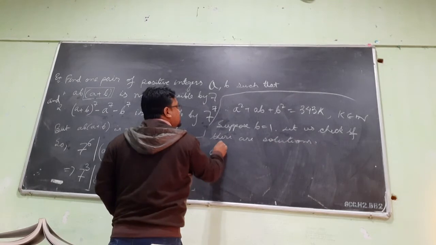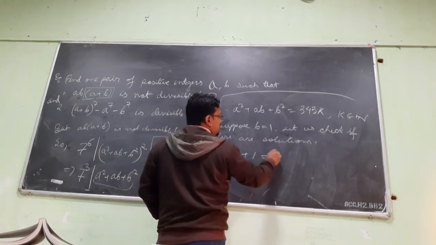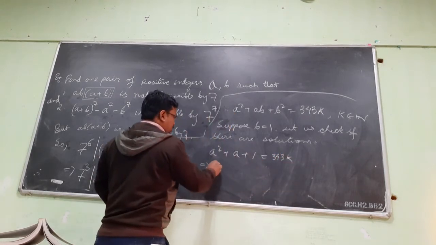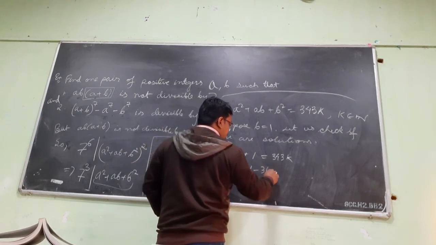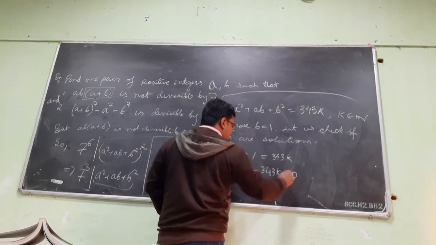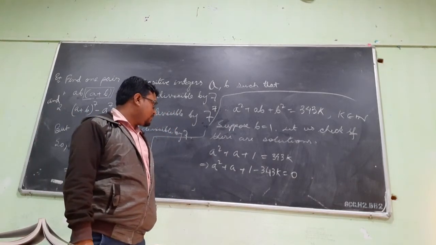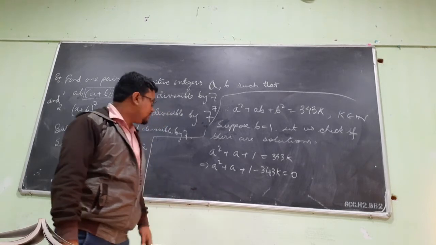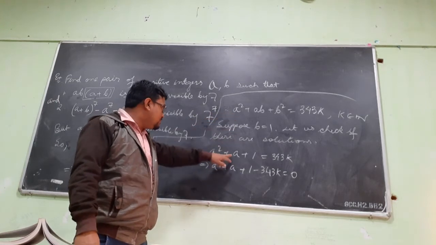So with b equal to 1, we have a square plus a plus 1 equal to 343k. So a square plus a plus 1 minus 343k is equal to 0. This is a quadratic equation, supposed to have integer roots.